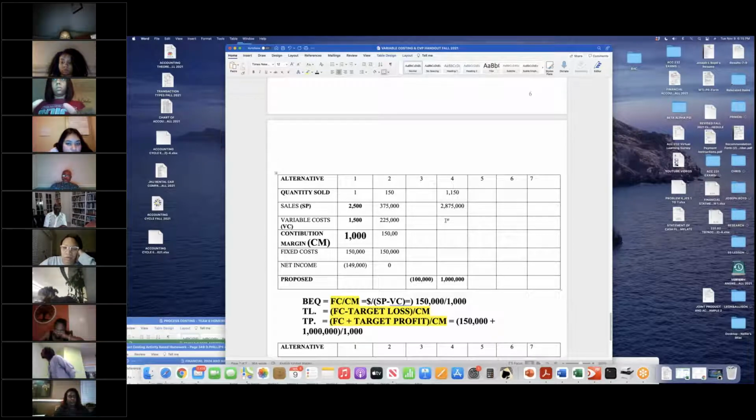What's my variable cost on 1,150 at 1,500 each? $1,725,000.